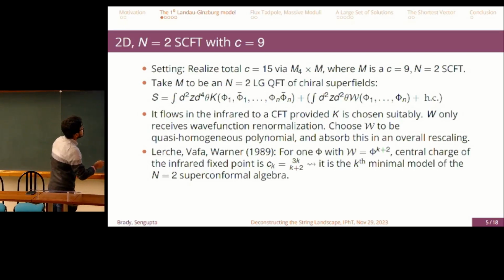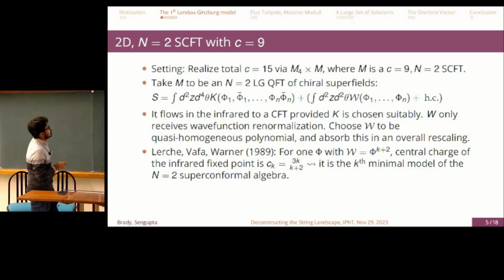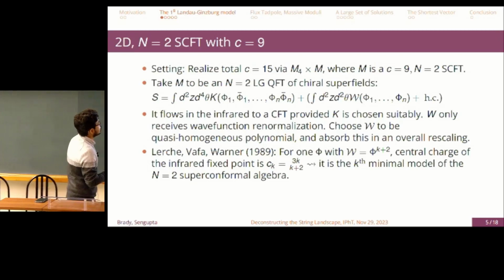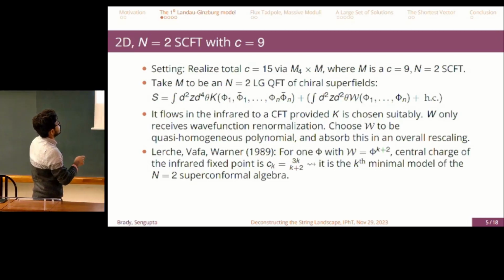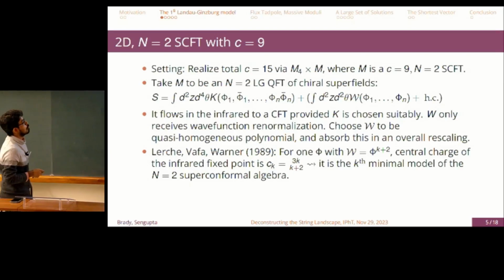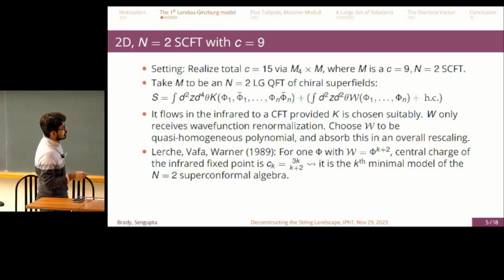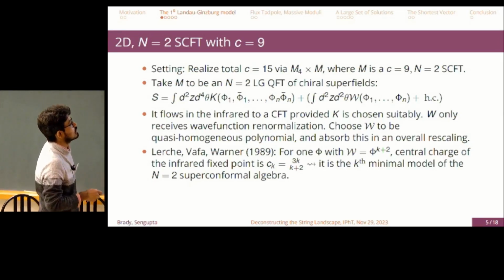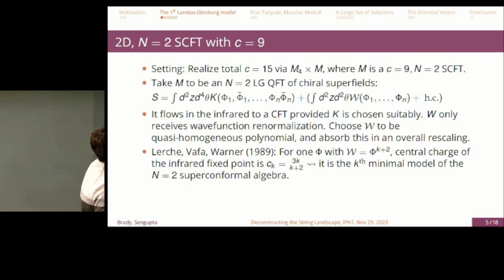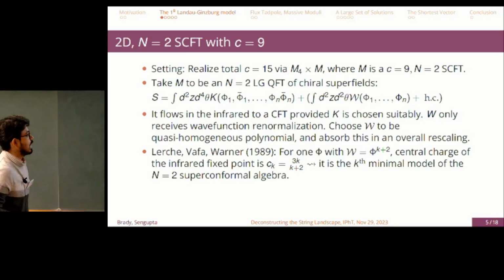So there should be a comma right here that's missing. So it's believed that it flows in the infrared to a CFT provided K is chosen suitably. The world sheet superpotential W only receives wave function renormalization. So if we choose the superpotential to be a quasi-homogeneous polynomial, this can be absorbed in W as an overall scaling.